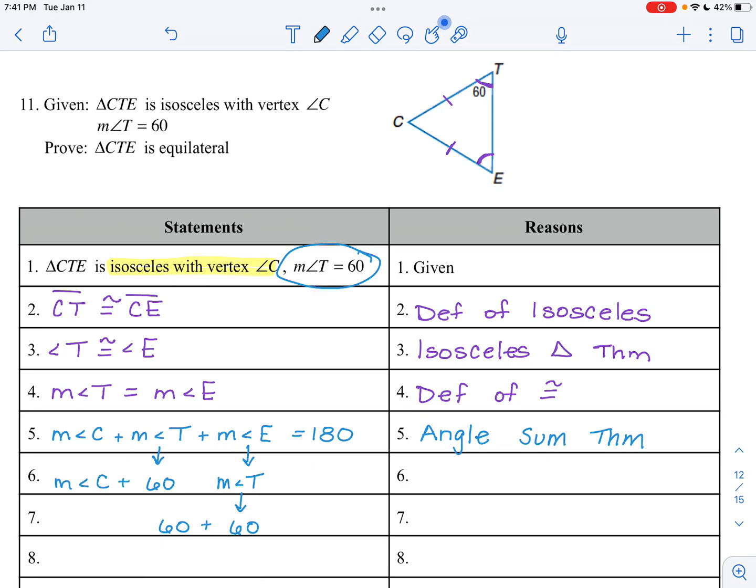So first I have the measure of angle C plus 60 plus the measure of angle T equals 180. When I plug in 60 again for the second angle T, that gives me that the measure of angle C plus 60 plus 60 equals 180. Both of those steps are substitution.